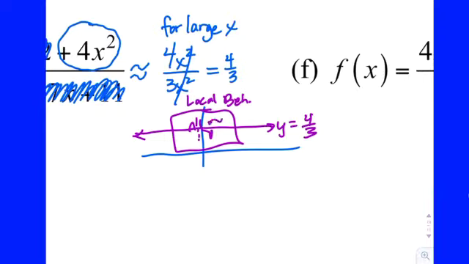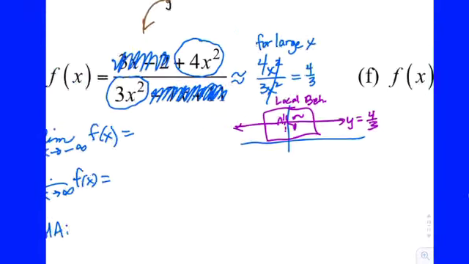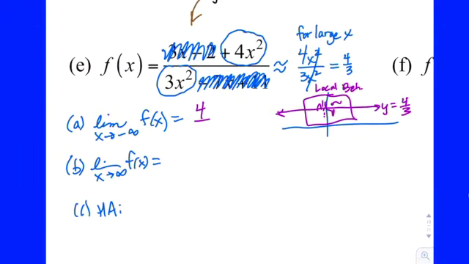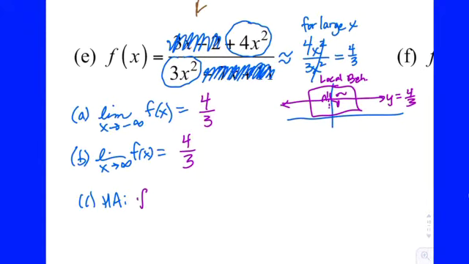We're zooming so far out, it just becomes lines, and all we see is this horizontal line. And so that's the answer. It's 4/3 on both sides. When the degrees are the same, you're always going to have a limit on each side of leading coefficient over leading coefficient, which means on part C, f has a horizontal asymptote at y equals 4/3.